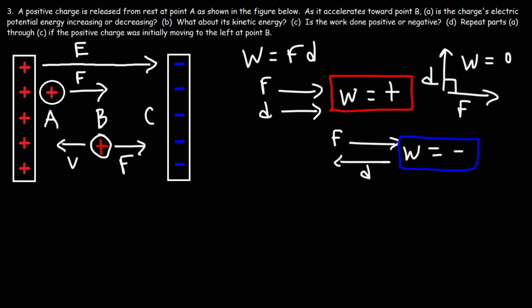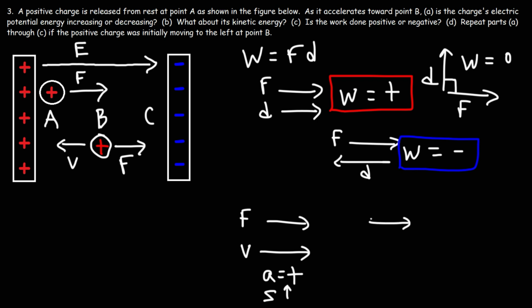So what does it mean when F and V are opposite in direction? Let's talk about that. When the force vector and the velocity vector are in the same direction, this means that the object is accelerating. It's speeding up. The force vector and the acceleration vector are in the same direction. So think of F and A as being similar.